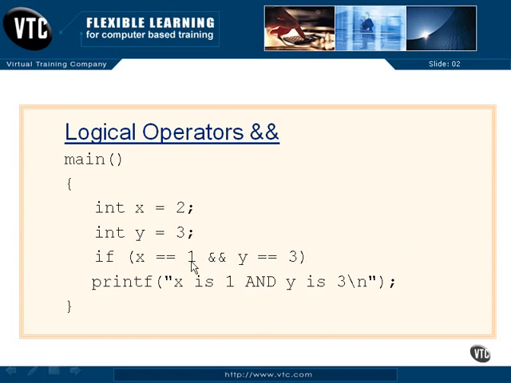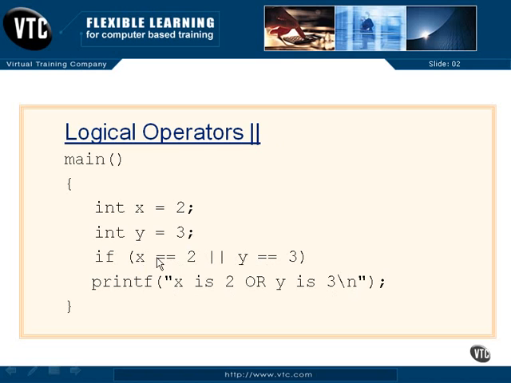Here's an or. If x is equal to 2 or y is equal to 3, then we would print this out. X is equal to 2 or y is equal to 3. Now, in this case, we don't have that problem with the left side being evaluated first and then the right side, because C understands that with an or, it needs to check both sides. So it will look to see, is x equal to 2?